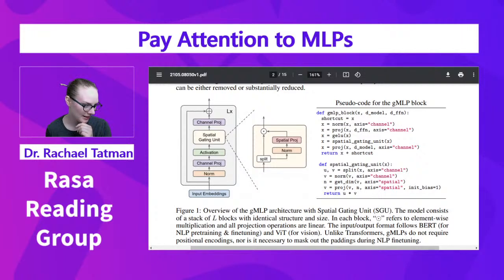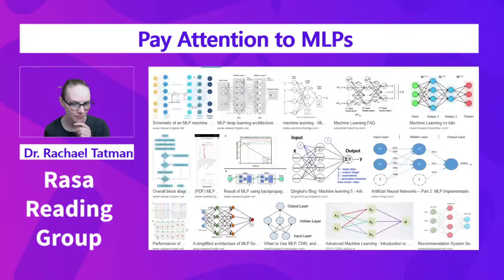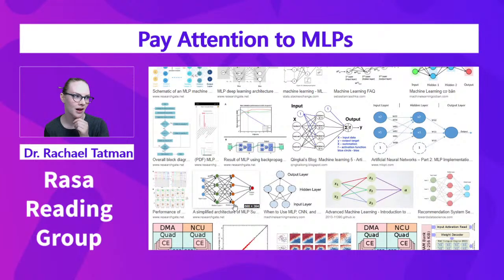A multilayer perceptron is this architecture that you've probably seen, where you have the input layers, you have the hidden layers, fully connected with weights and biases, and then you have your output, which could be multiple classes, or you could do softmax and have one output, or whatever it is that you're doing to get your output from your model. So this is the multilayer perceptron. It is the most basic architecture in deep learning, and what makes it deep is that you have multiple hidden layers. If you've been in machine learning for a while, you've probably seen this.